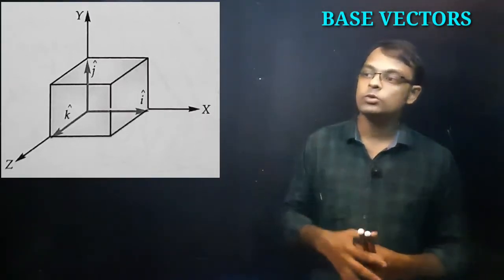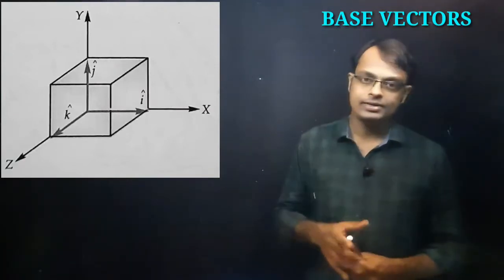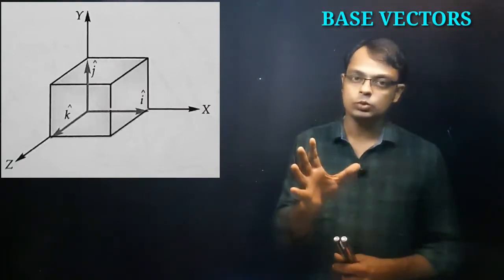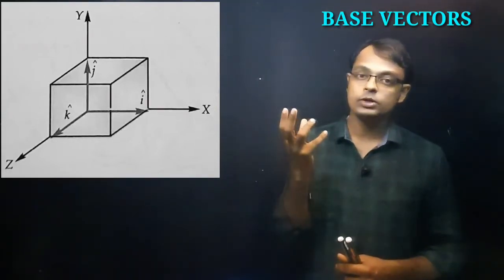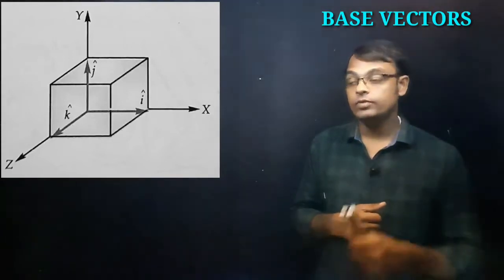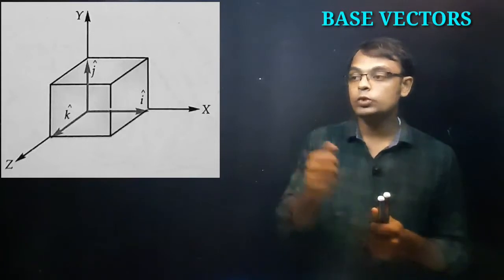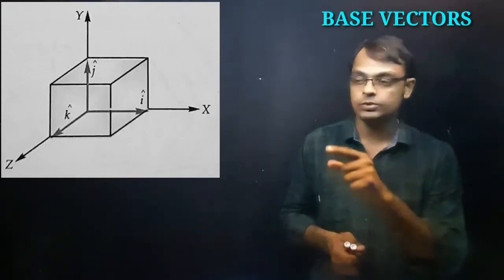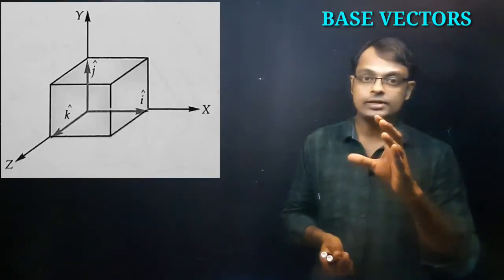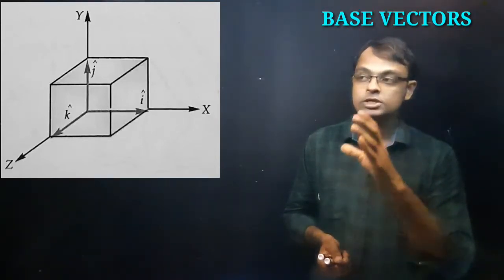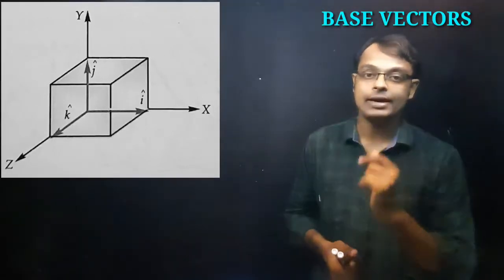So what is meant by orthogonal unit vectors? Any vector, if you are resolving it into components, just imagine you resolve one vector along the x-axis. We can denote the direction of the given vector along the x-axis with the unit vector called i cap. You can see in the picture i cap. In the same way, if a vector component shows the direction along the y-axis, we can represent it as what? j cap.